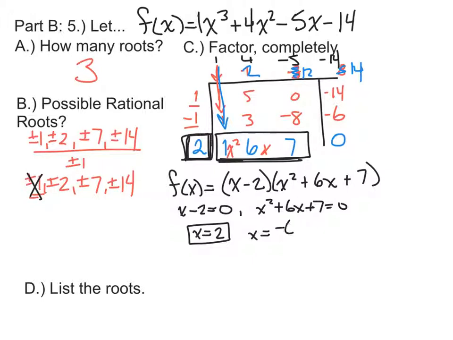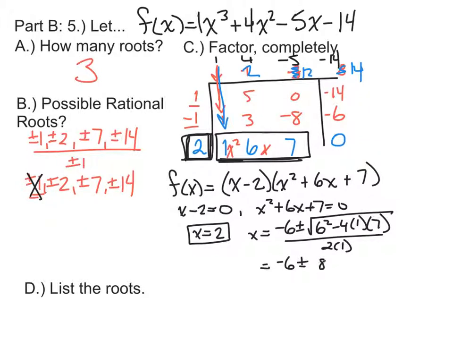So x equals -b plus or minus the square root of b squared minus 4ac, all over 2a. And then we simplify. 36 minus 28 is 8. Simplifying that, square root of 8.